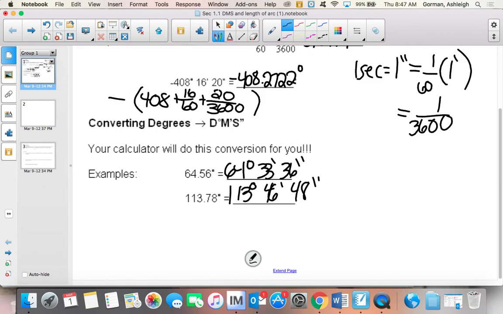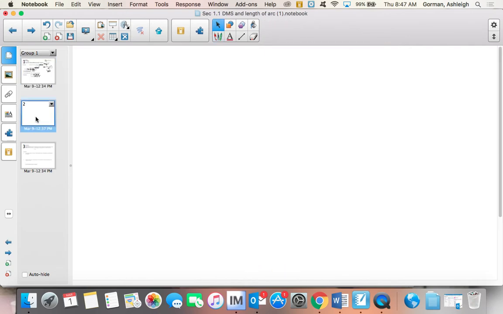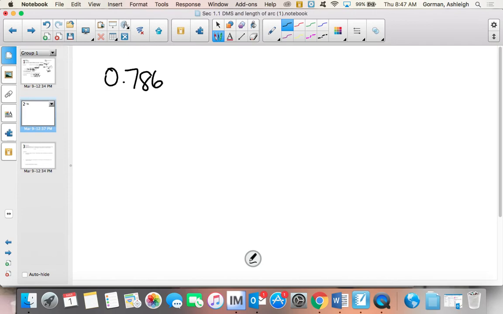The only other problem, if you want to write it underneath here, is if we're given something in, let's say, radians. So if I'm told I have 0.7865 radians, and my goal is to put it in degrees, minutes, and seconds.